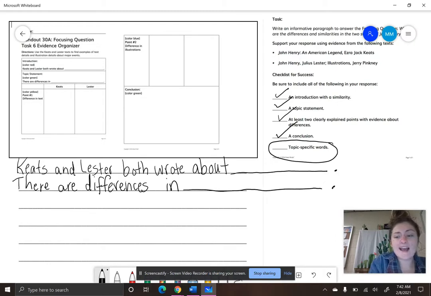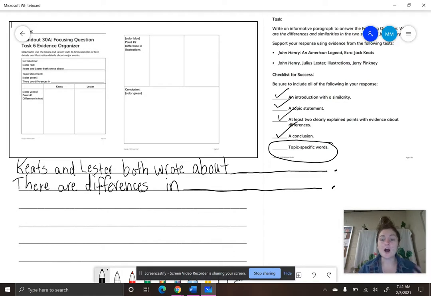In our evidence organizer, what difference did we write about? What difference between the texts did we talk about? We talked about the difference in how John Henry was born. So there are differences in the way blank. Okay, so you're going to tell me what we talked about with those differences.